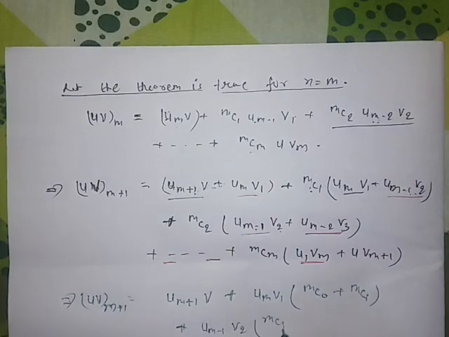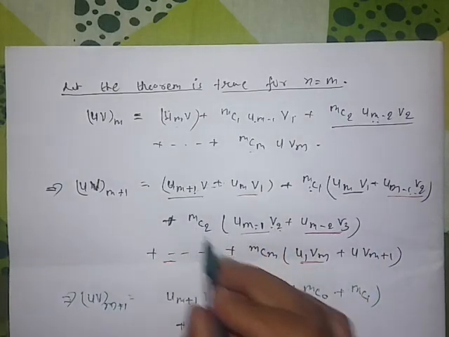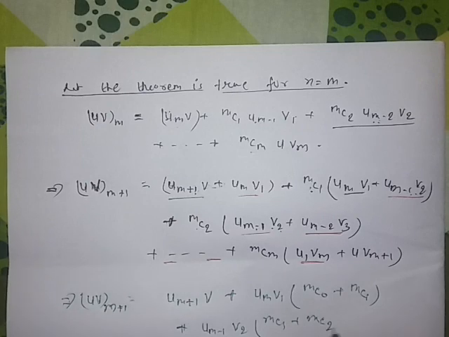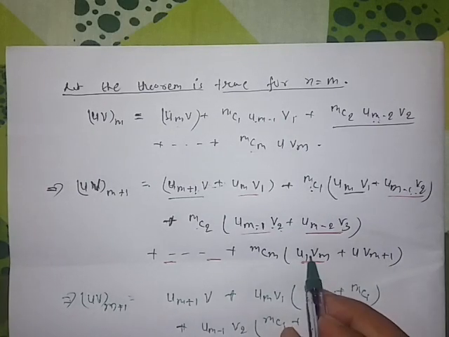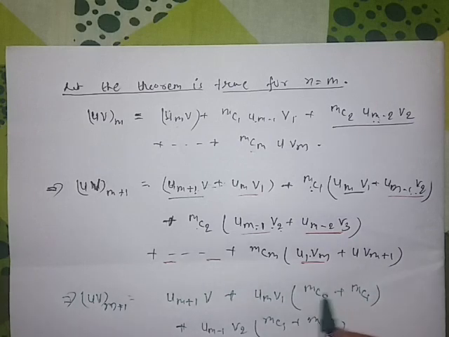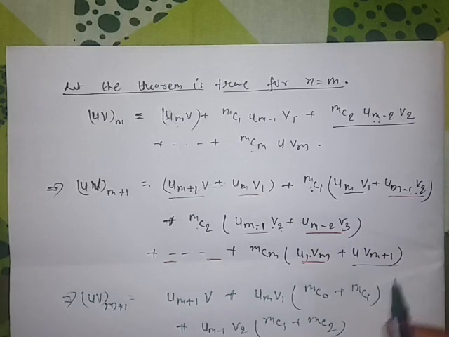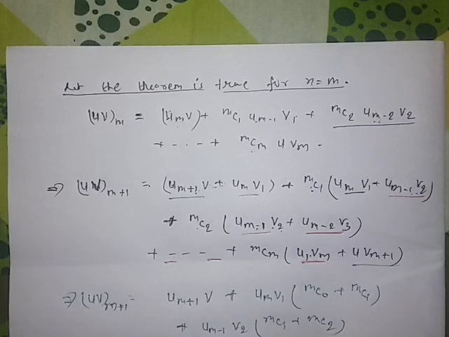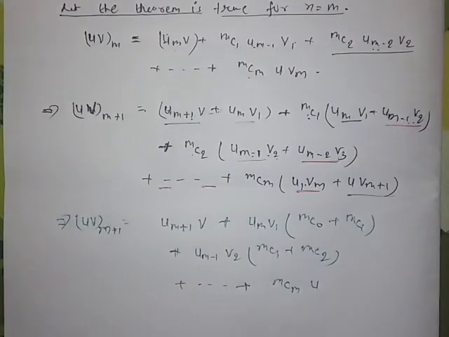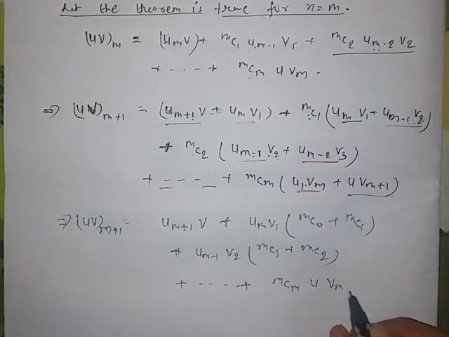It is mc1, and the coefficient of this term is mc2, plus dot dot, as this term is taken common, so we will not write this term and we only write this last term, which is equal to mcm u vm plus 1.